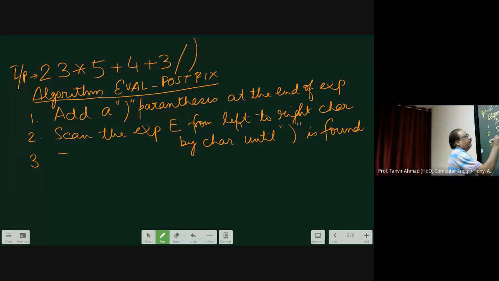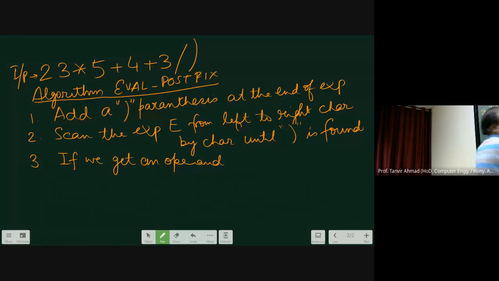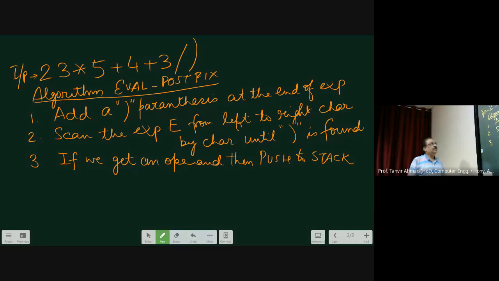So, if we get an operand, then push to stack. If I get an operand, you push it into a stack.